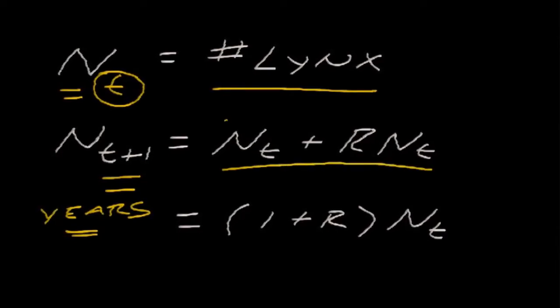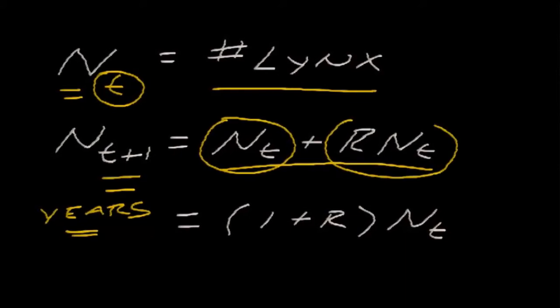And that's simply our population now plus r times our population now, which really gives us a measure of whether the population has grown or declined. It gives us a measure of whether we've gained or lost individuals. And again, we're adding that to what we have at present.